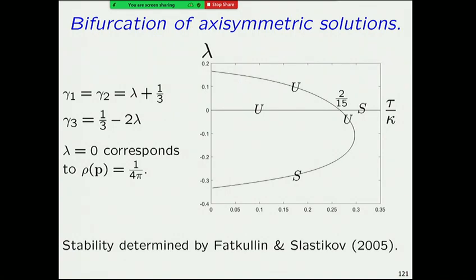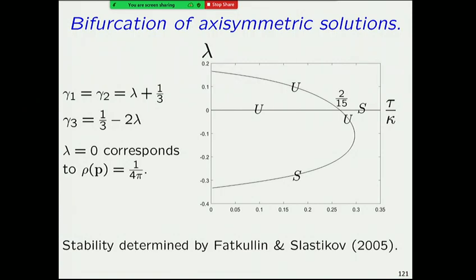So it's a local minimizer, and then you get bifurcation to a branch of nematics where 2 of the eigenvalues are equal, and this branch is stable from this point.